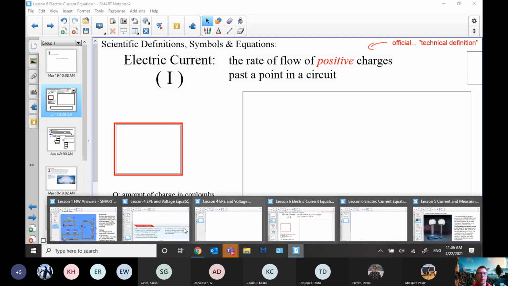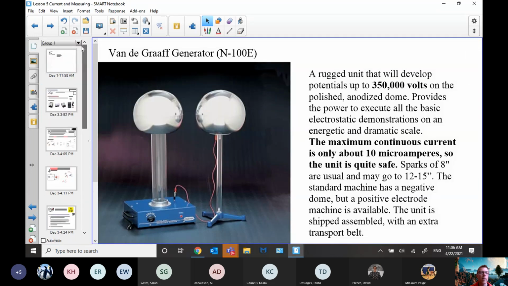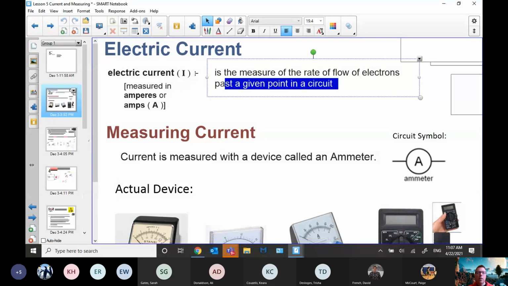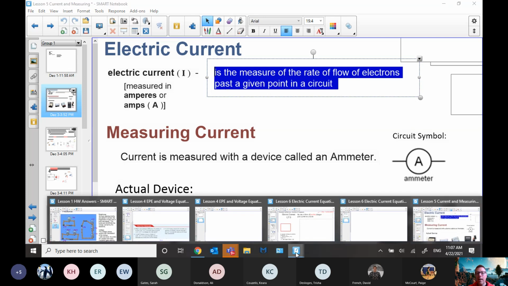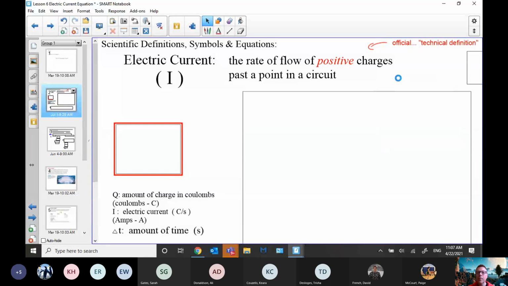My other slide that I must have closed, oh, there it is, number 5, way over here. I would have said earlier on in this one, of course, that it's a measure of the rate of flow of electrons, right? So this one's like reality, that one's like what's really going on. And then the conventional definition is the flow of positives. Now, luckily, when they say the flow of positives, they're talking about a positive charge of the exact same size, and so it doesn't actually make for any functional difference.